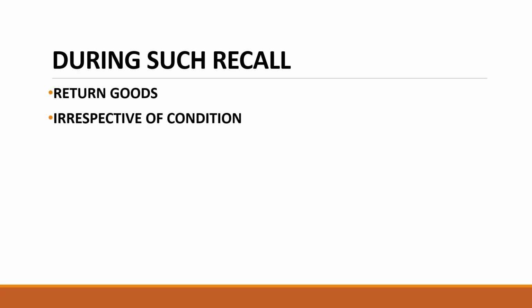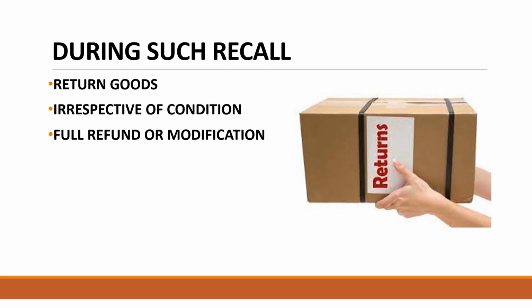Though a lot of accidents have not happened for that, irrespective of the conditions of use, recall can happen, because preempting litigations can be avoided. Sometimes a full refund is also expected, or modification of the product can also happen. So there are various possibilities in the recall when you are returning the goods.